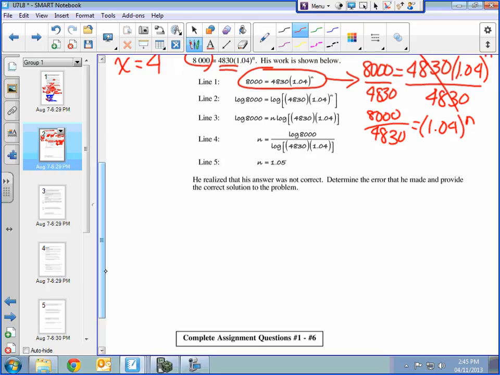How would I solve for this now? Put it into logarithmic form. Perfect. Someone else tell me how to do this. How do I change this into logarithmic form? So it'll be log 1.04. Is that my base or my argument?